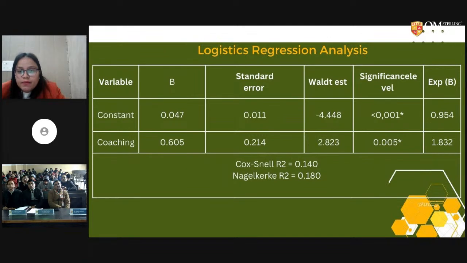Along with that, we have been given here Cox and Snell R square and Nagelkerke R square. These are basically the R squares which are calculated in the case of logistic regression. These are the two types of R squares calculated in logistic regression, and we can say whether the model is fit or not. Next slide.